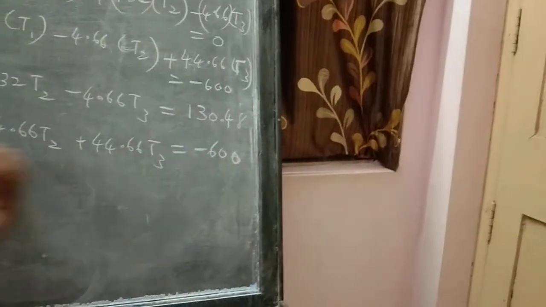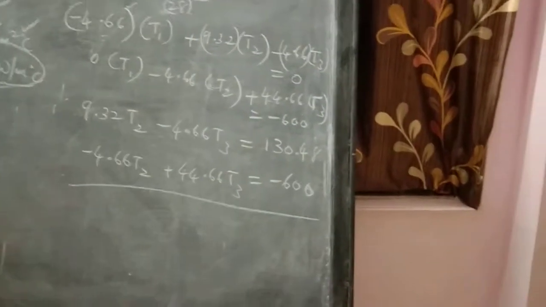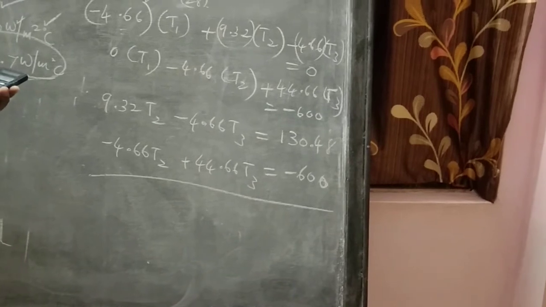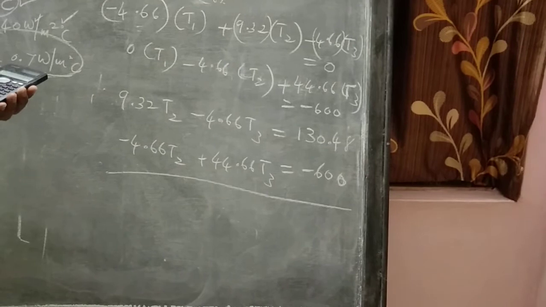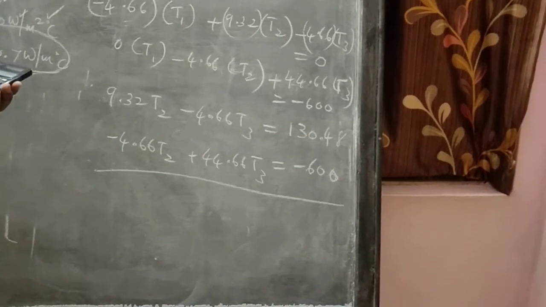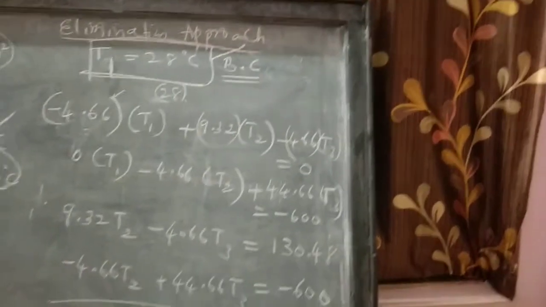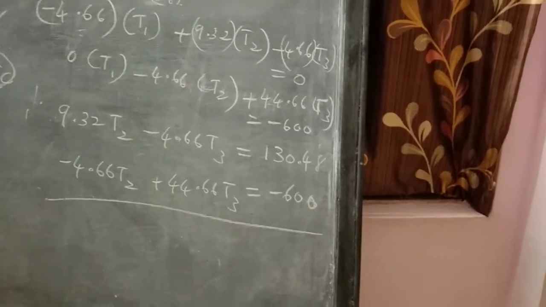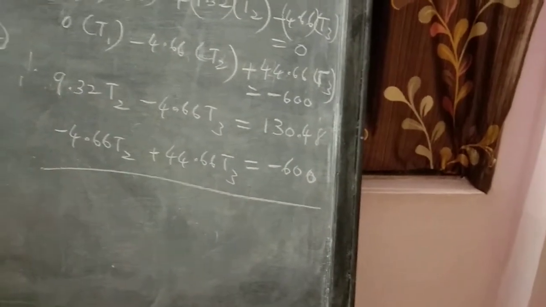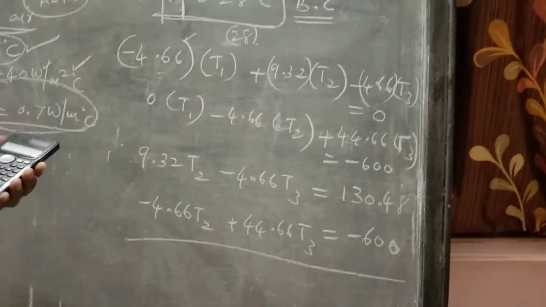Now if we solve these two equations we will get T2 and T3. We have two variables: A1 is 9.32, B1 is minus 4.66, C1 is 130.48, and in the second equation minus 4.66, 44.66, minus 600.